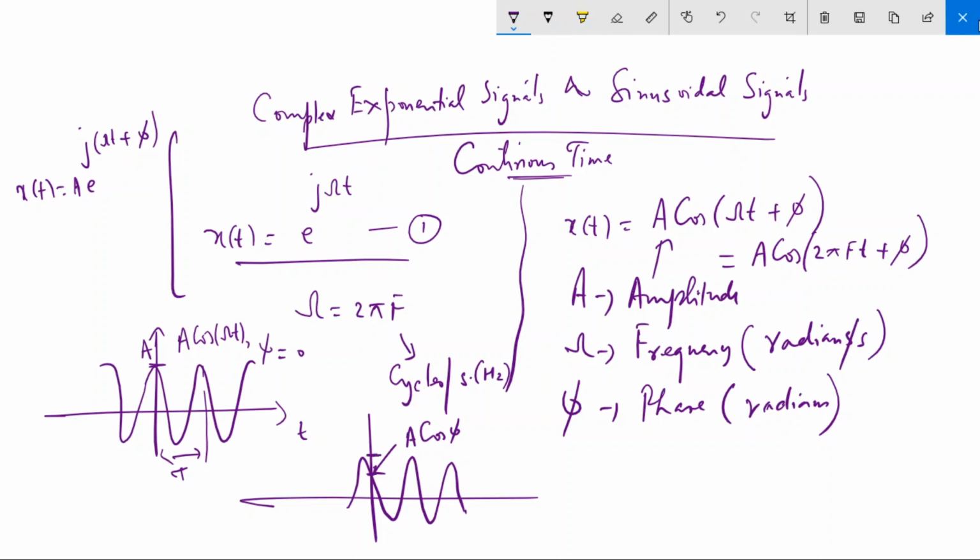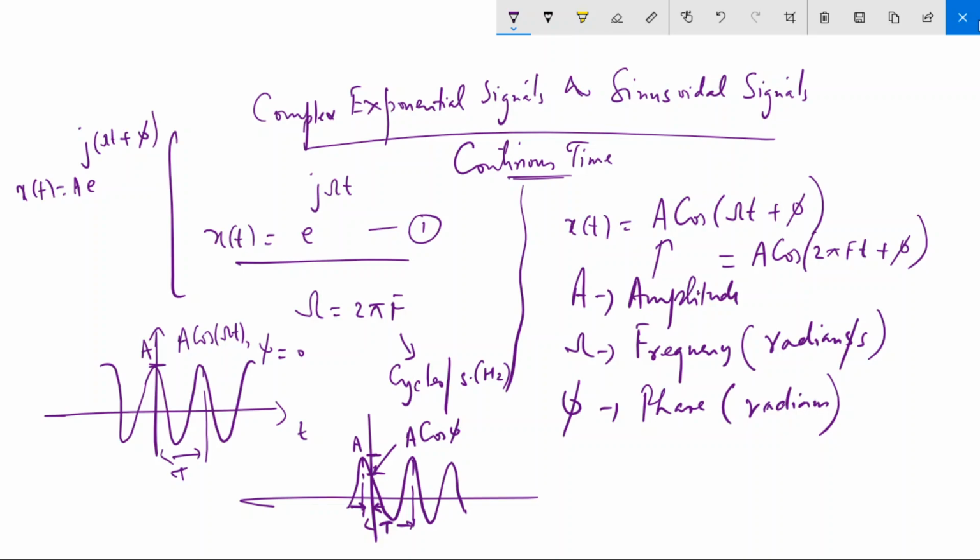This is the amplitude a. This is the phase difference phi, and this will become the time period T. It is a periodic signal basically.